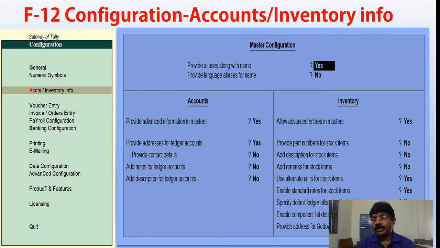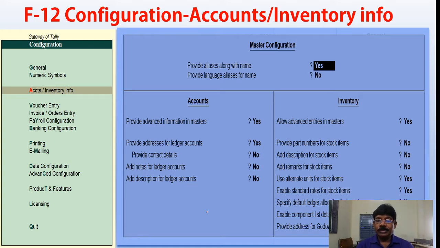Provide language alias for name. Sometimes if I need some local language to be displayed along with English names, if I put yes here, it will automatically be displayed. Then coming to the accounts, provide advanced information in masters. If I say yes here, then advanced information will be enabled. Provide address for ledger accounts.